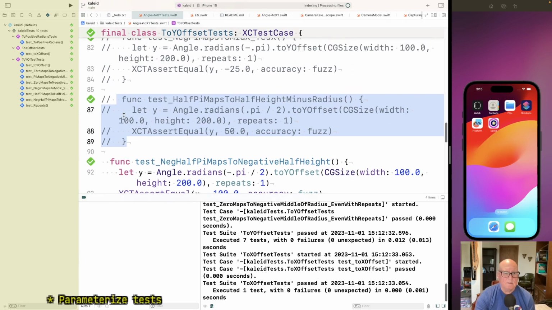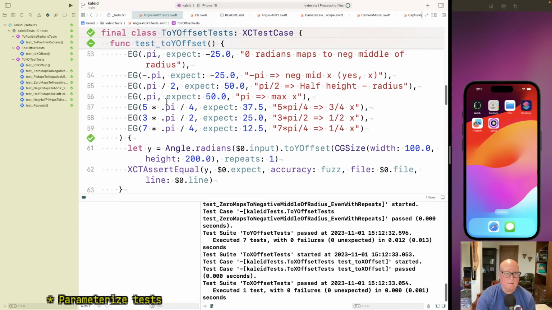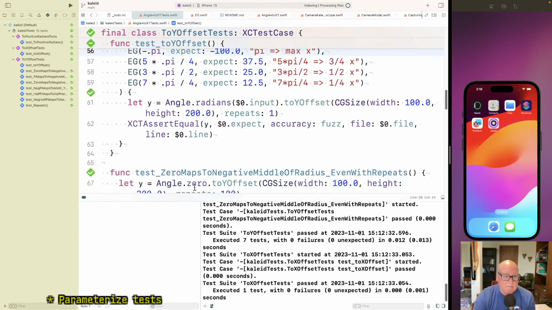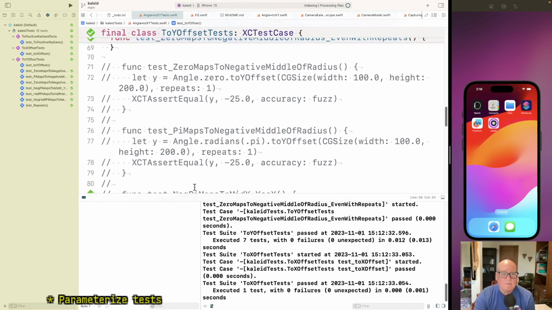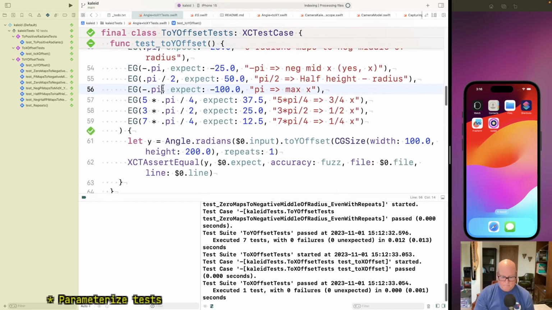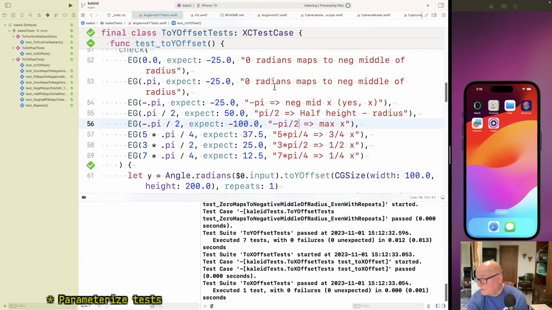Negative half pi to minus 100. Well, that can be right. Negative half pi. V3 should say pi radians.